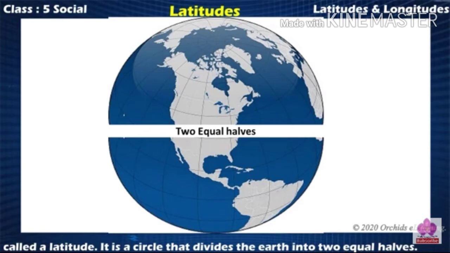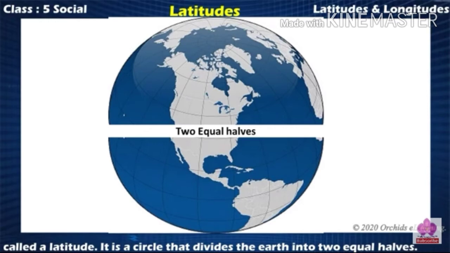The Arctic Circle lies at 66.5 degrees north of the equator. The Antarctic Circle lies at 66.5 degrees south of the equator. The North Pole lies at 90 degrees north of the equator. The South Pole lies at 90 degrees south of the equator.